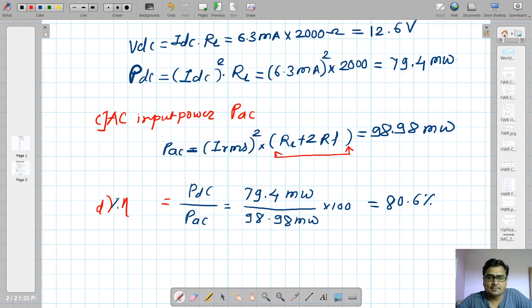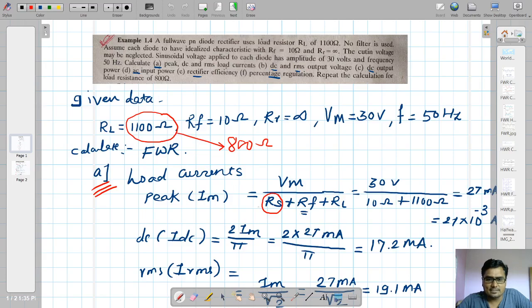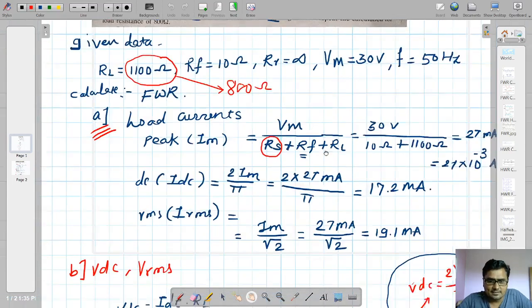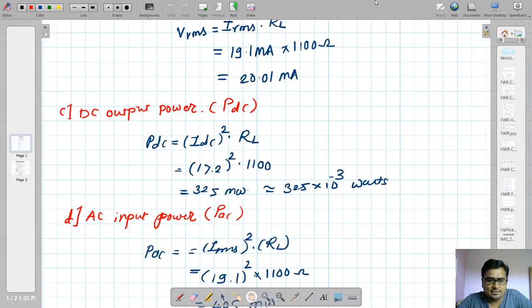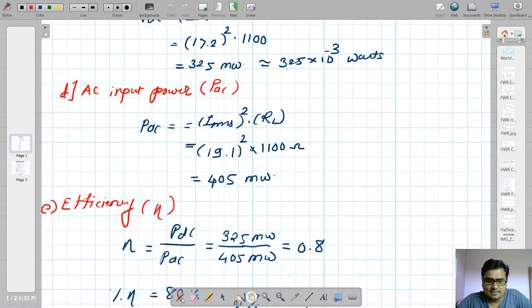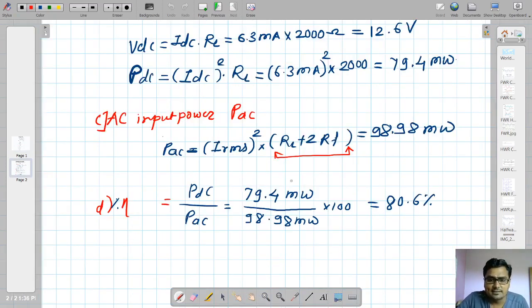In the previous example, while calculating AC power, if you added IRMS square multiplied by RL plus RF, then also it was okay. If you don't want to approximate, do it as the data is given, no problem at all. But look at this. Here, it must be twice of RF instead of only RF.